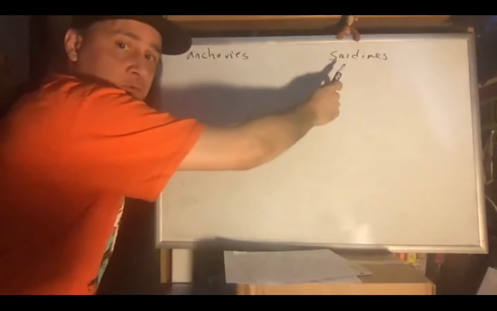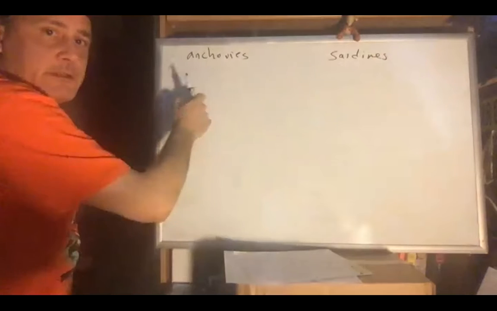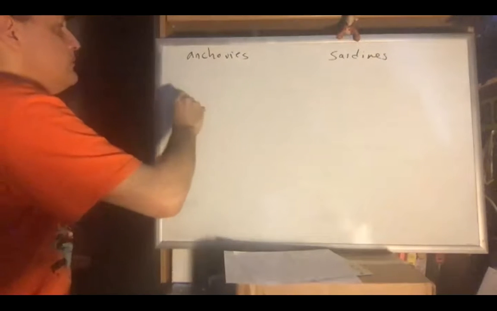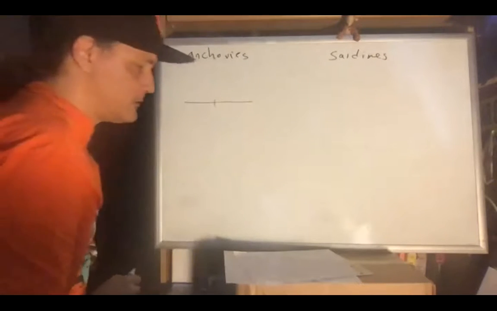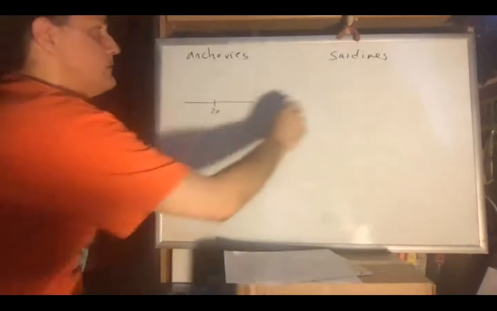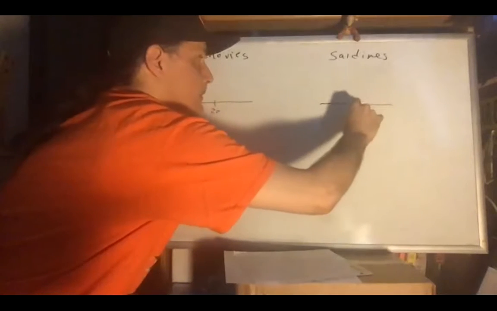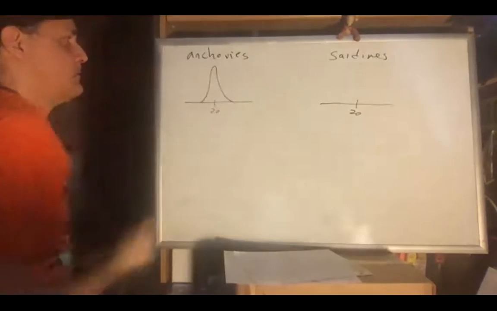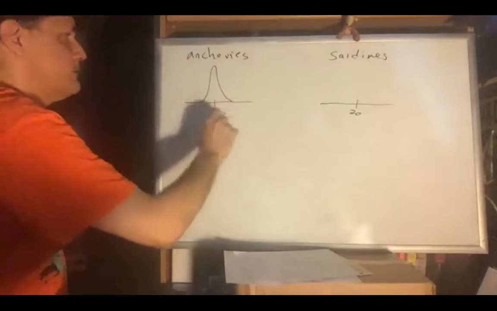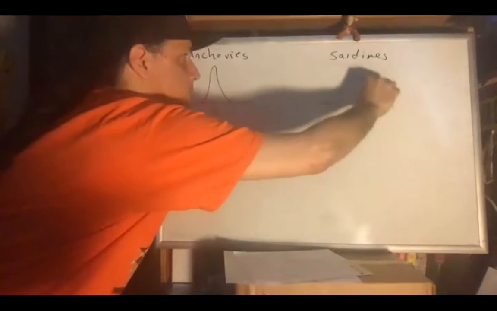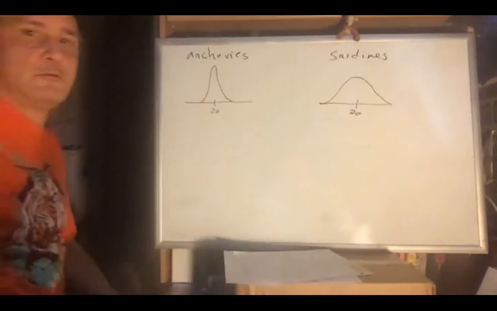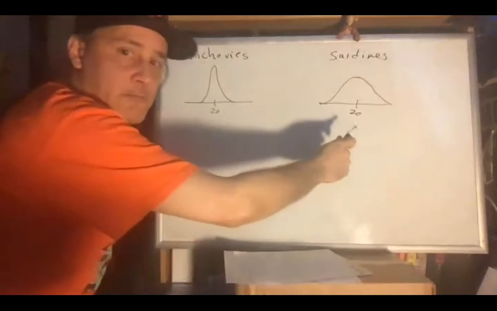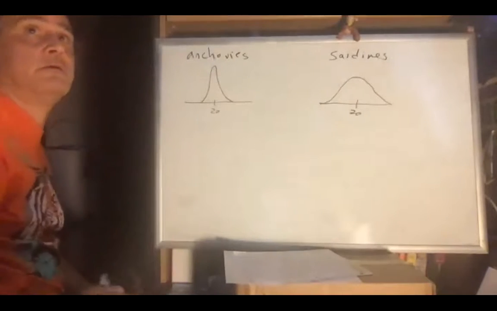But sardines will grow a little bit bigger, whereas anchovies tend to stay fairly small. So you can have both of these with a mean of 20. But with anchovies, they're going to be closely grouped together, whereas sardines will be a lot more spread out, even though they have the same mean of 20.